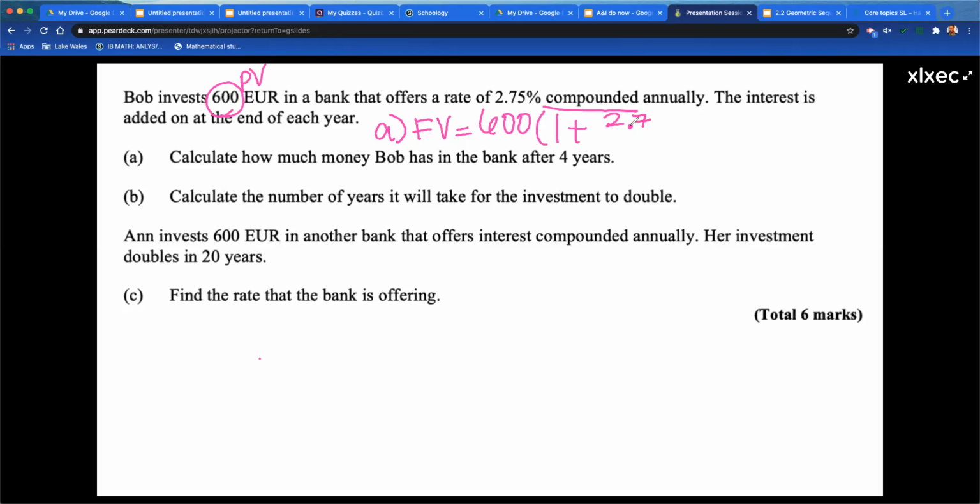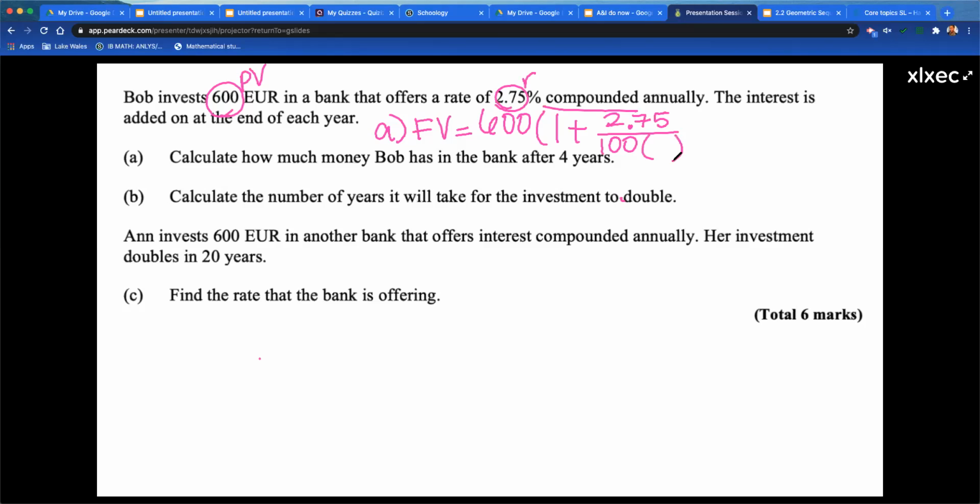I said 0.0275. I made it into a decimal, but. Okay, now in the formula, since it is being divided by 100, you want to leave it without actually converting it over. The formula is being divided by 100, so you just want to plug in the rate the way that it is, okay? So this is our R.